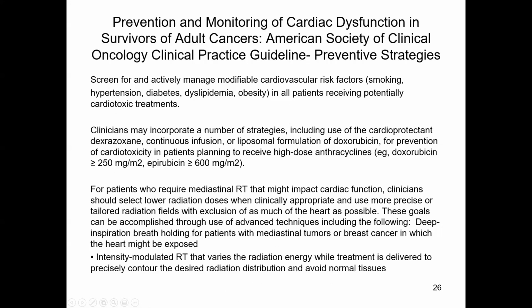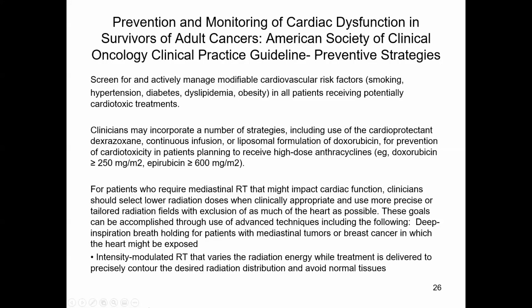And then it also has some other strategies, and these are not always possible for your patients. So you can use the cardioprotectant dexamethasone. We'll talk about that. Continuous infusions have less toxicity, but you're generally going to follow what the regimen is. You're not going to take a bolus regimen and infuse it over 24 hours. And liposomal formulations also have less toxicity.